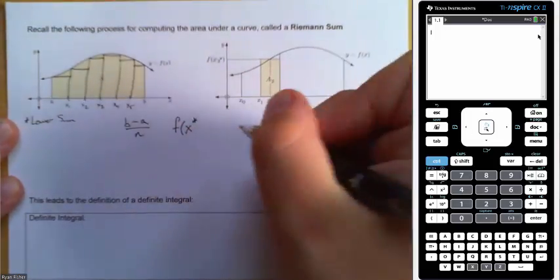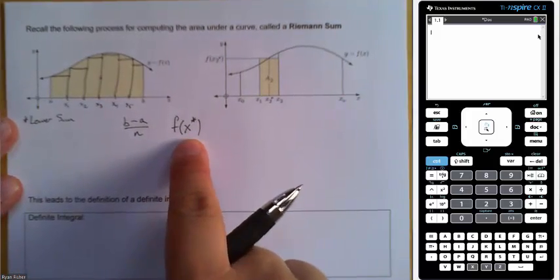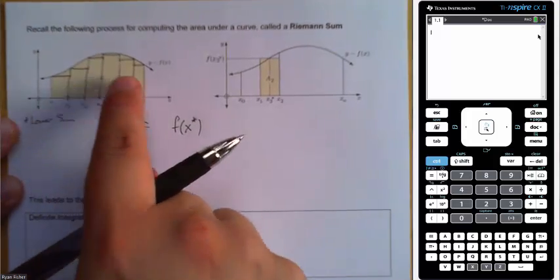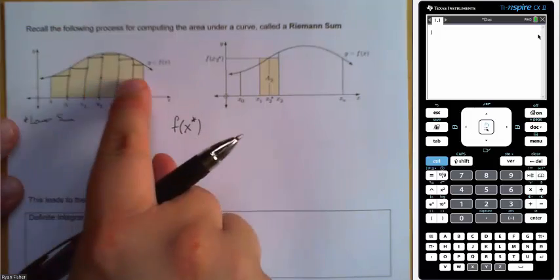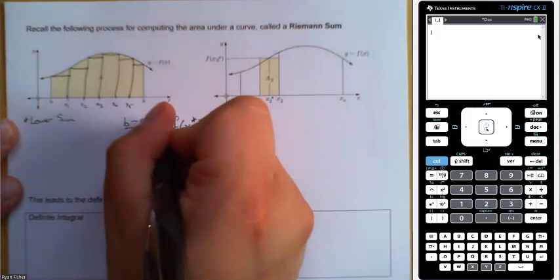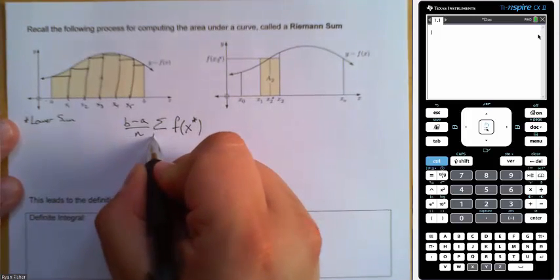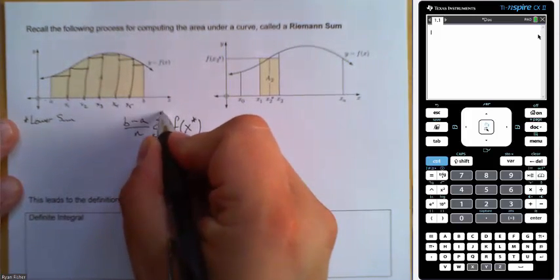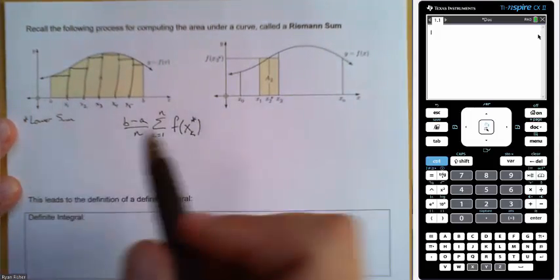So what Riemann says is, if you take this width times this height, you get the area of one of these rectangles. If you do this for every one of the rectangles and add them together, you'll get an estimate for a lower bound of the area under this curve. So he decided to add all these rectangles together. We'll let k equal 1 to n, and x sub k is the x value in that interval.